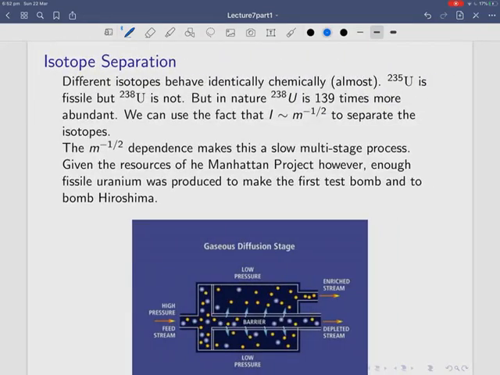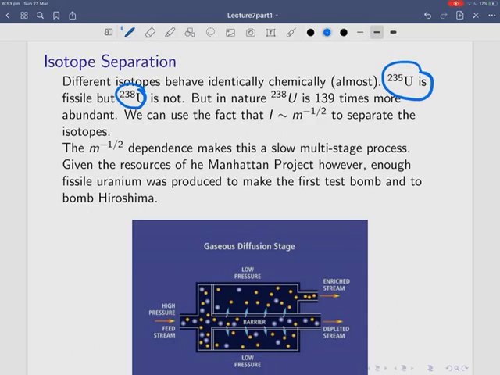We'll look at this in more detail. This is useful, and I put useful in inverted commas, in isotope separation. If you look at uranium, for instance, the uranium you get out of the ground has at least 2 isotopes, U-235 and U-238. Now U-235 is a fissile material; in other words, it will produce lots of neutrons when it's hit by other neutrons. U-238 is not.